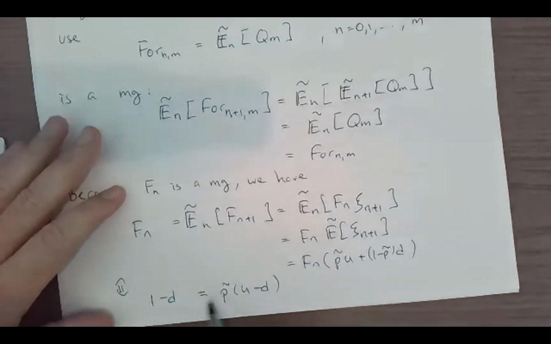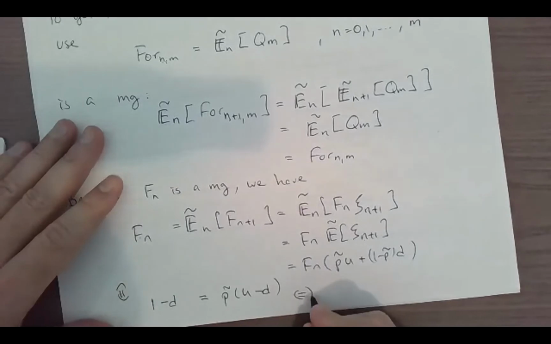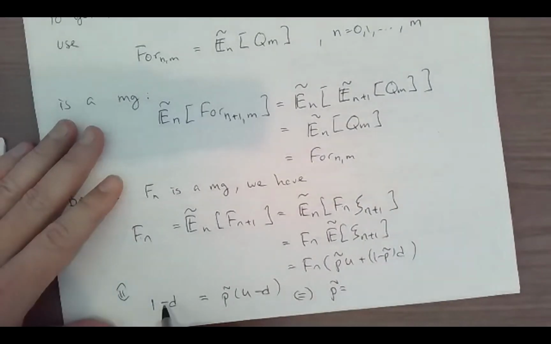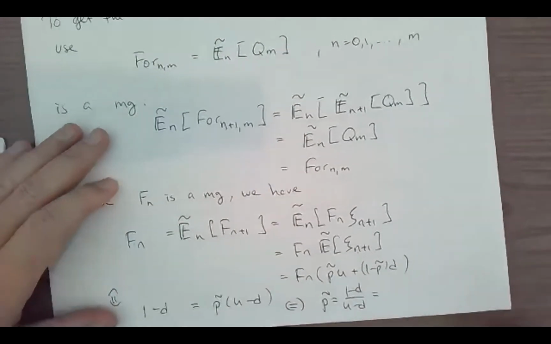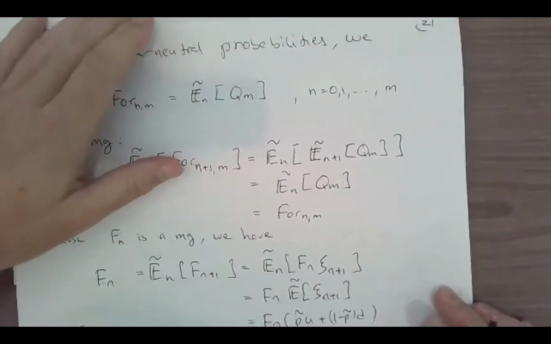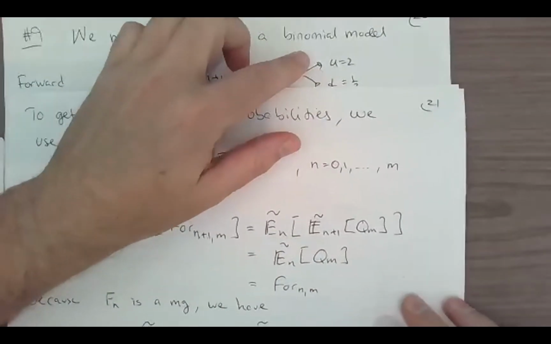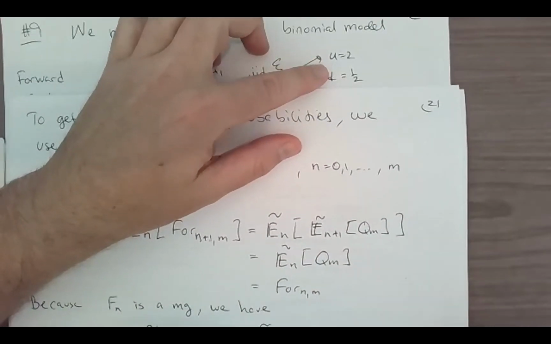So we're going to get here that P tilde is equal to 1 minus D divided by U minus D. And then we can plug in what the various values were. We had them up here in the beginning. U was 2, D was a half.